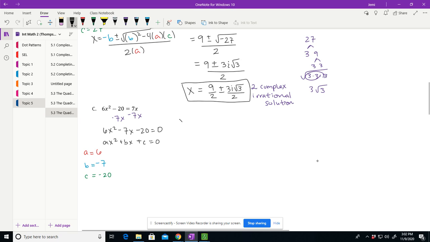So when I start plugging in, x is equal to 7 plus or minus the square root of negative 7 squared minus 4 times 6 times negative 20, all divided by 2 times A, which is 6.